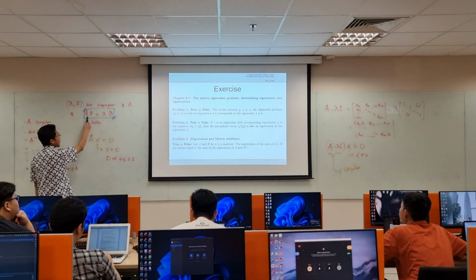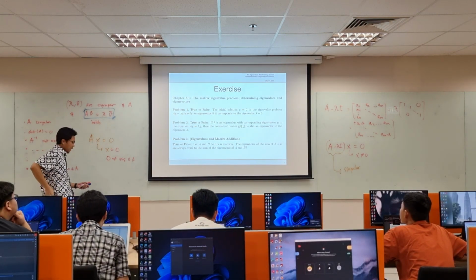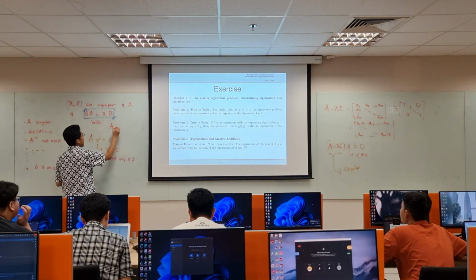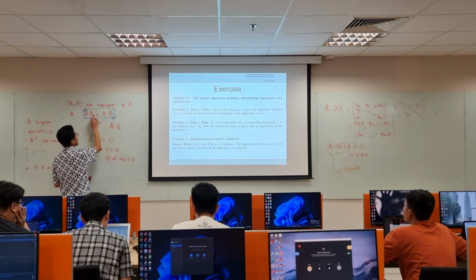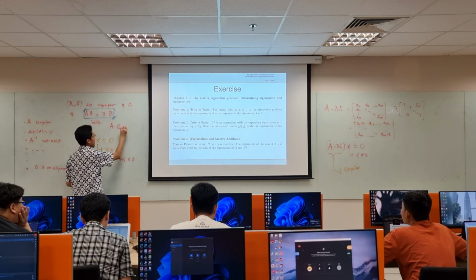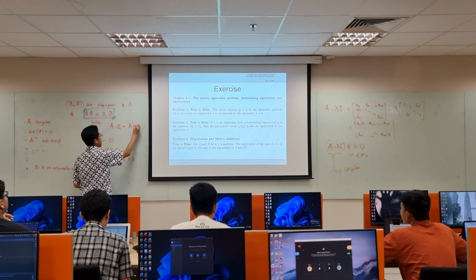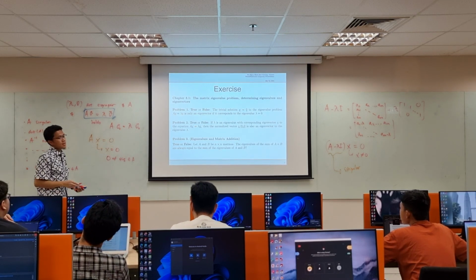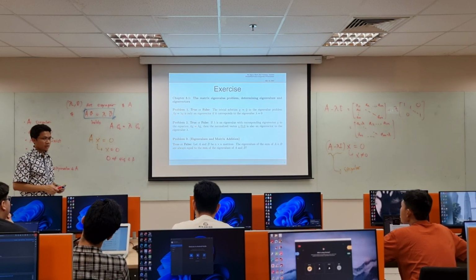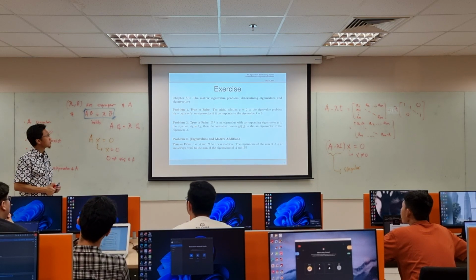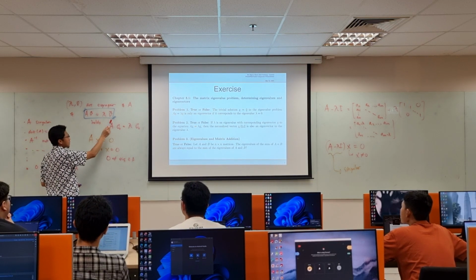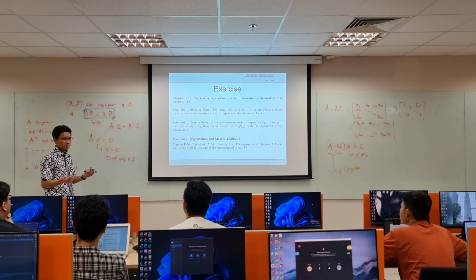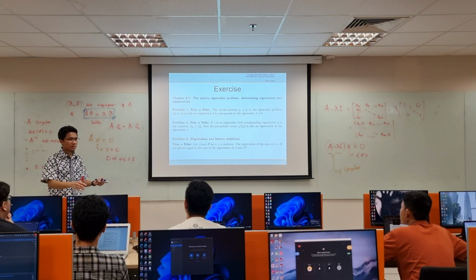Let's say if this is true, then I write down A of uv, where uv is the unit vector of v, equal to lambda times uv. Is this also true for the unit vector of the eigenvector? If this is true, does this hold true also?